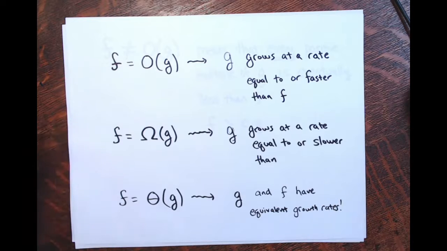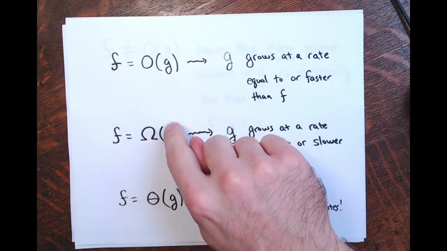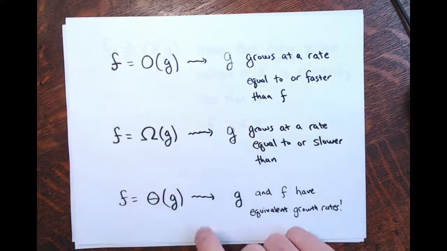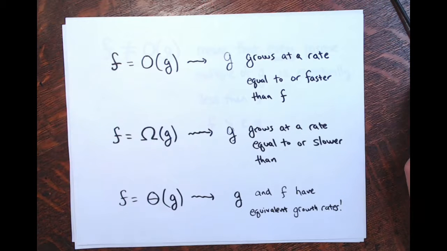It doesn't mean they're the same function, but they have the same kind of growth rate. They'd be going up at about the same rate as each other. So this one's g is faster or equal, g is slower or equal, and then g and f have equivalent growth rates.